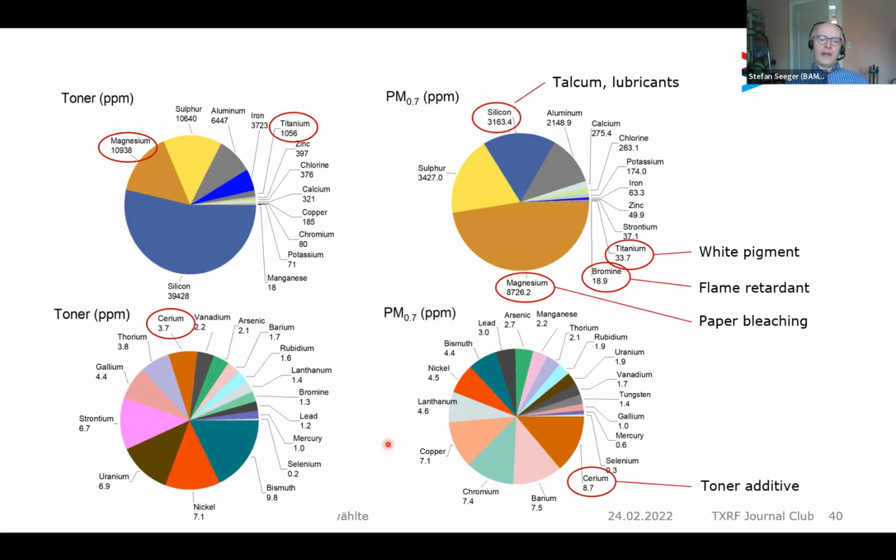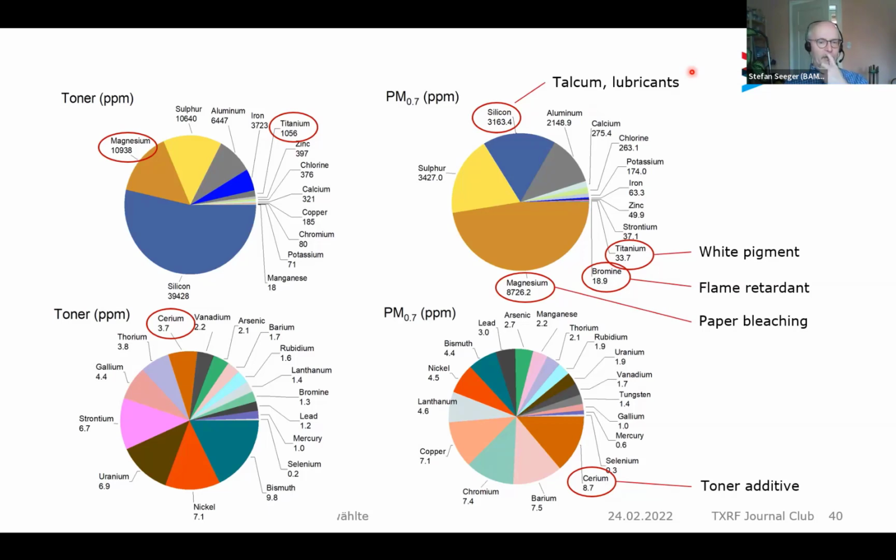There we see some similarities, but in different quantities, and we can identify some very typical elements here, such as silicon. Silicon is very representative for talcum and for lubricants and separation agents, which make paper sheets easier to separate from each other.